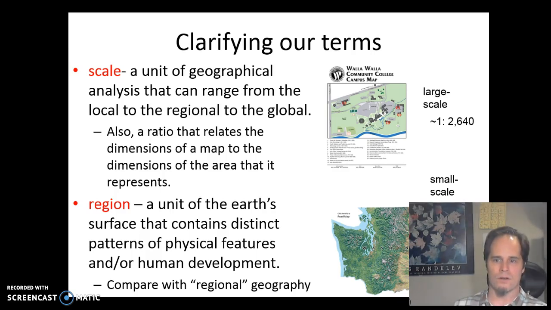Our regions encompass things as large as all of North America, or all of South America, or all of Europe, or all of Sub-Saharan Africa. Those are a small-scale use of the region.